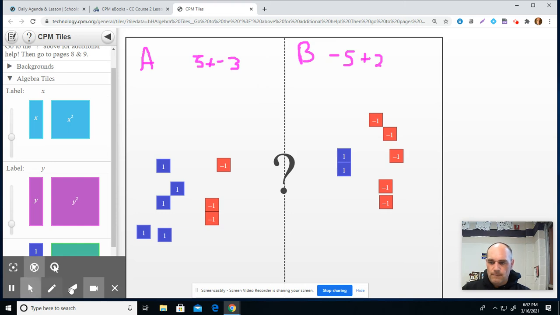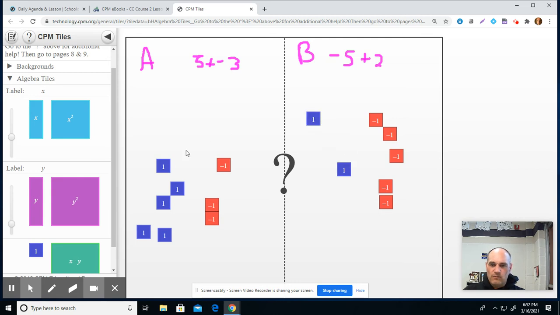Here's a little different way that we could do this. I can take the same amount off of each side. Like if this has a positive 1 and this side has a positive 1, if I take the same thing off of each side, then that's okay because I'm taking 1 positive off of each side.